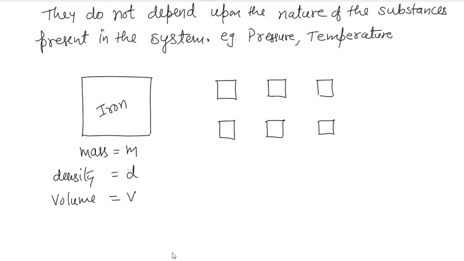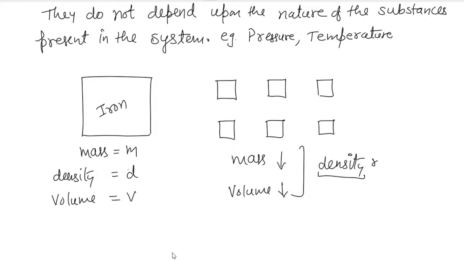So obviously mass is going to decrease, mass will change, volume will change. Now tell me what happened to density. Is there a change in density or density remains same? Mass will decrease, volume will decrease. Okay, but density remains same.